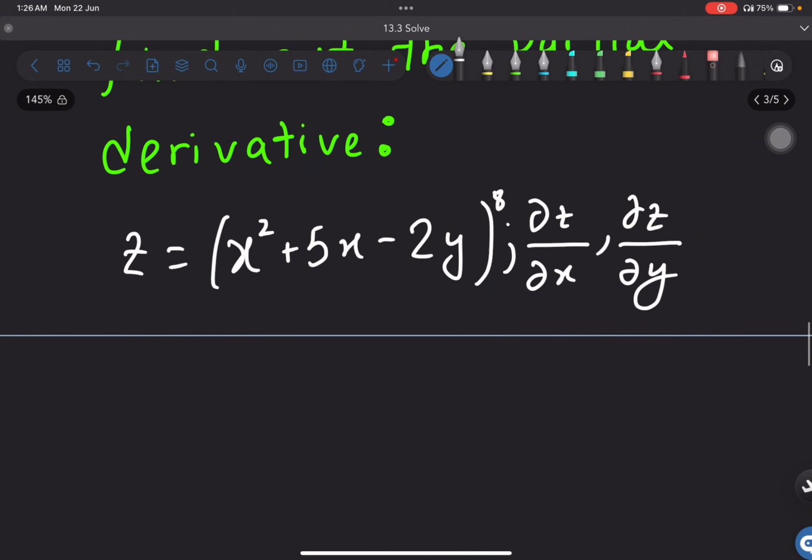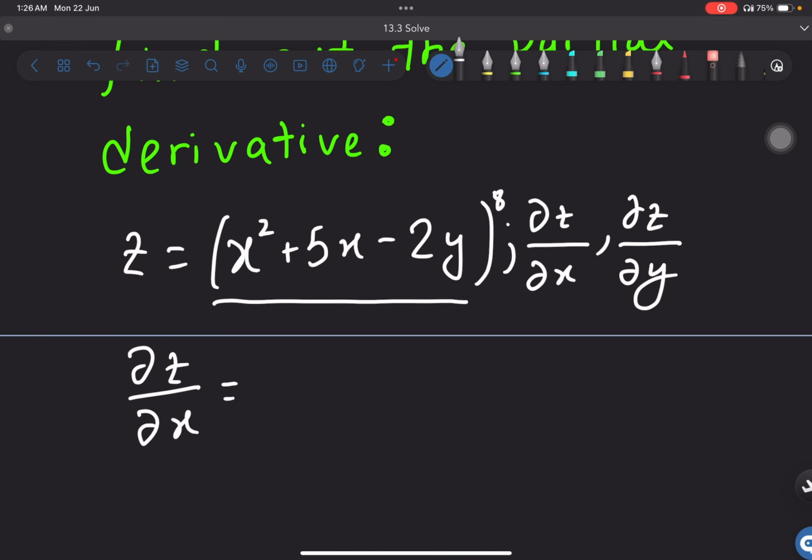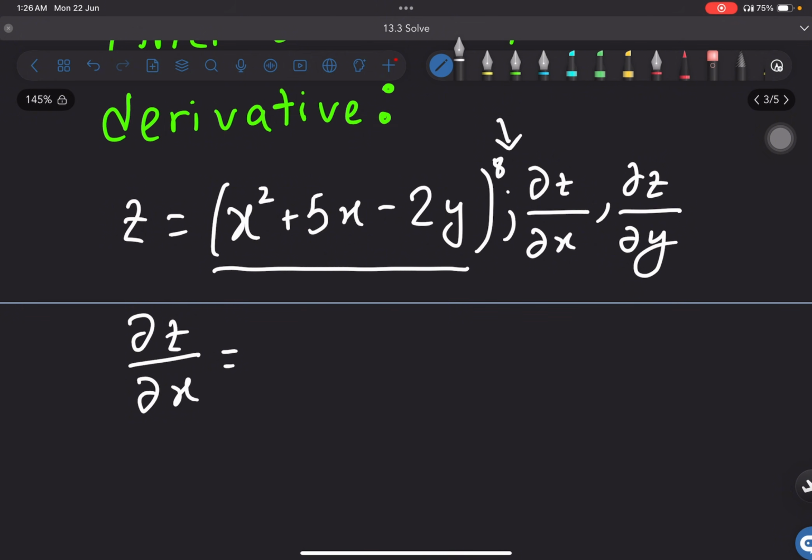First things first, we'll do del z by del x, and then this entire thing we have to consider as one function. Why? Because of the power over here. So what happens when we differentiate something with a power?